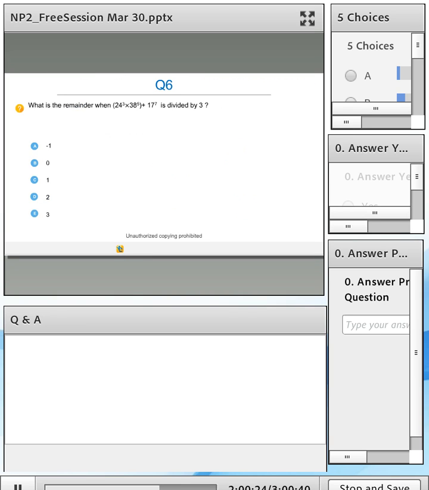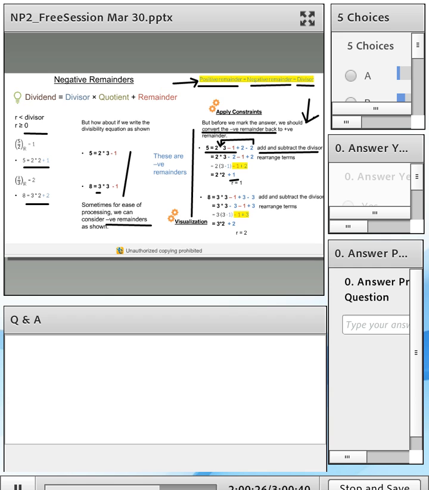All right, so now let's apply this concept on question number 6. First of all, are you all clear about this concept, negative remainders? Now, you may ask, why would negative remainders simplify our information? The reason for that is you're dealing with the number 1. You utilize negative remainders such that you get remainders that are smaller in nature.